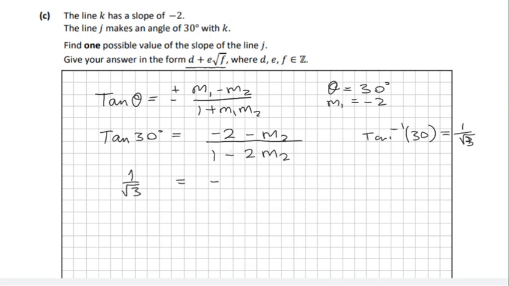And let's multiply everything out now. So we need to do some algebra with m2 because we need to get everything else in terms of m2. So let's cross multiply now. So this will multiply up, and this root 3 will multiply up as well.